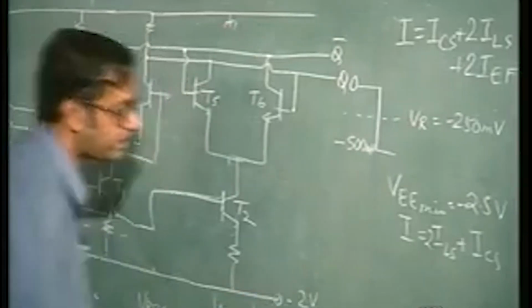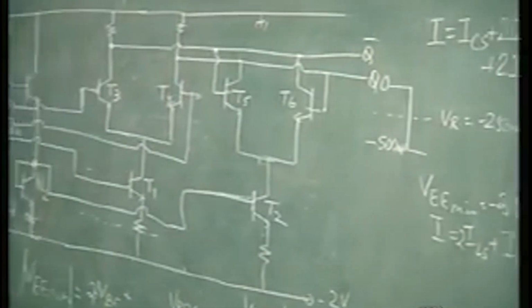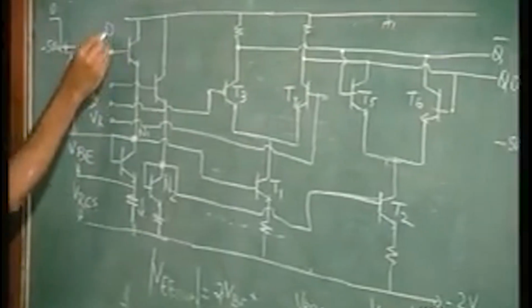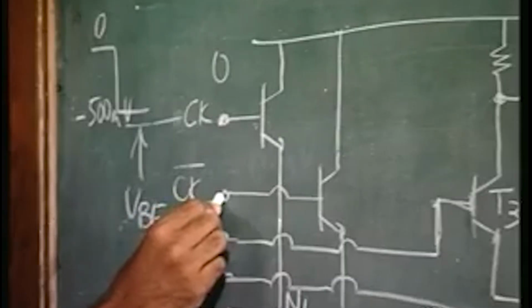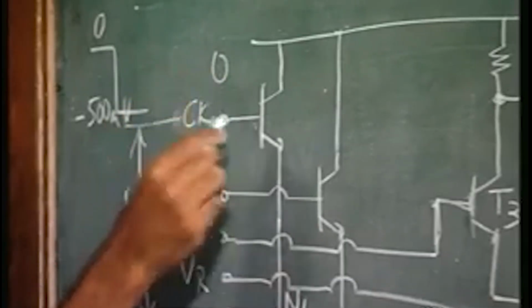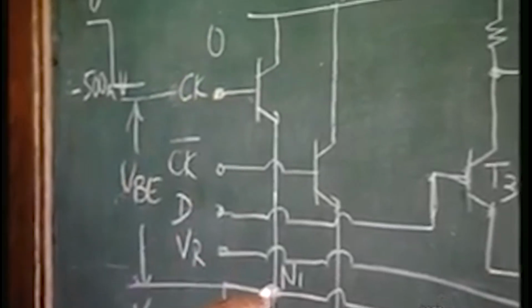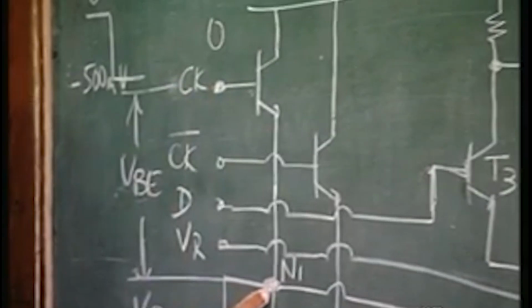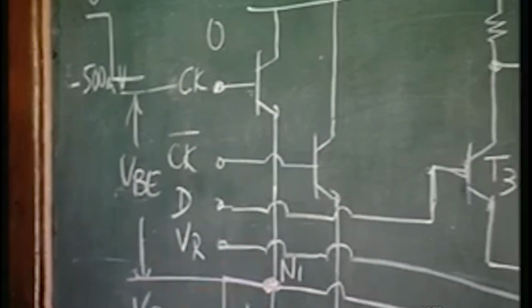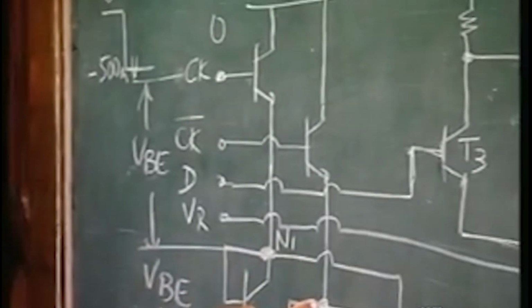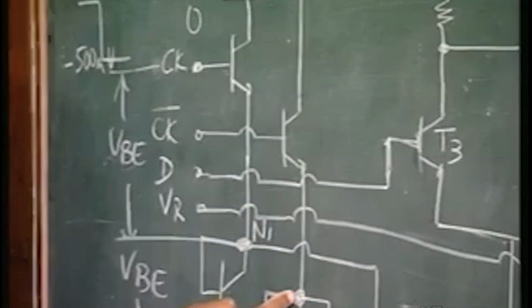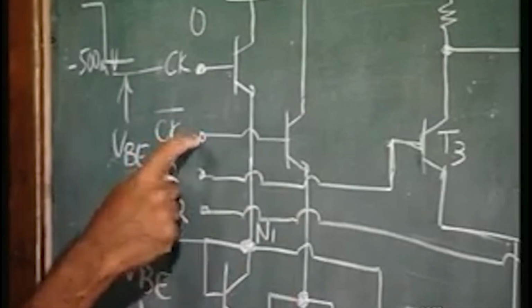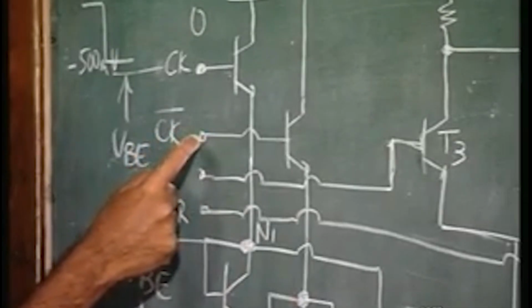and the input voltage is clock and clock bar, 0 and minus 500 millivolts. So, if it is 0, the node N1, if we assume VB is 0.9 volts, N1 is going to be 1.1 volts, whereas N2 is going to be minus 1.4 volts, isn't it, minus 0.5 at the clock bar input.